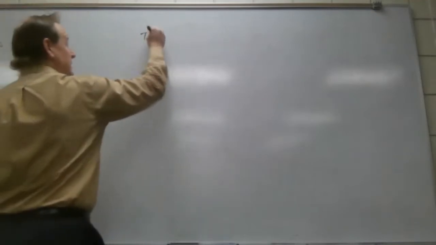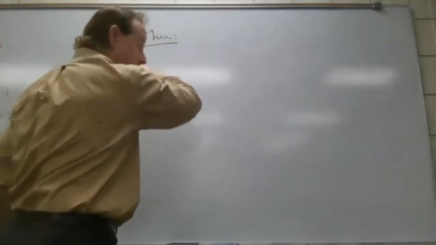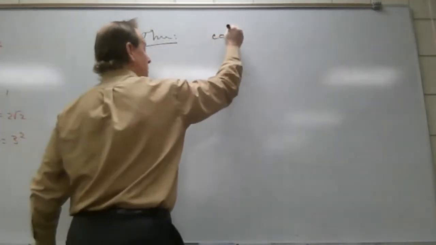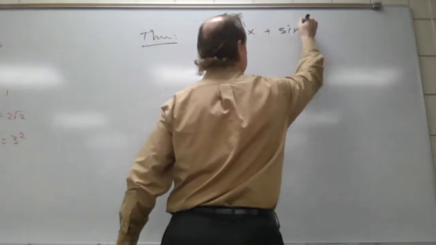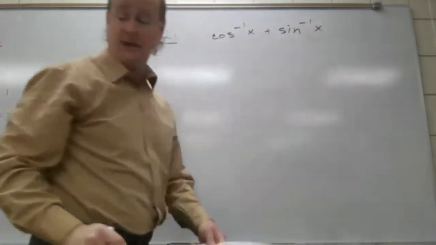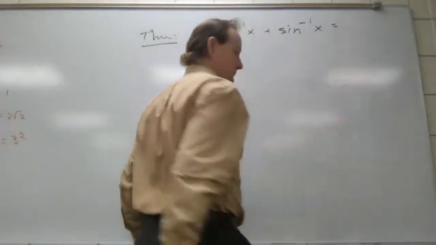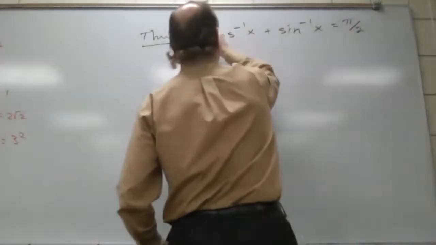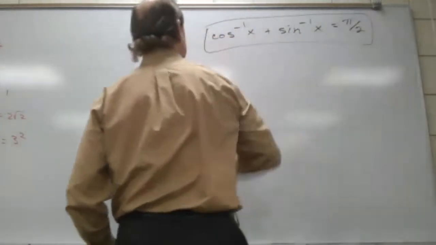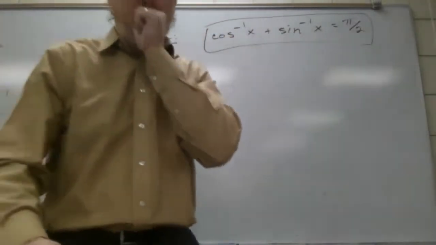It had to deal with the arc cosine of x plus the arc sine of x, I believe. If I'm remembering it right, what does this equal? Pi over 2. Okay, so we had that theorem as well.